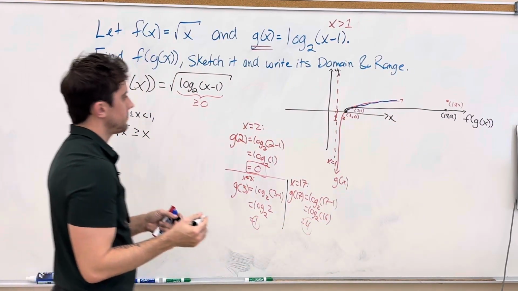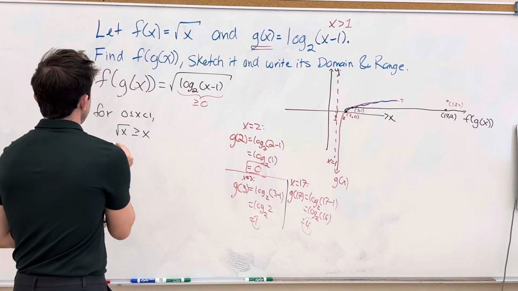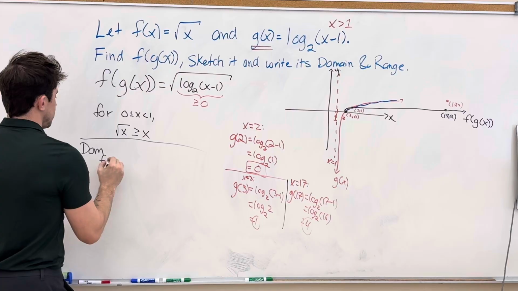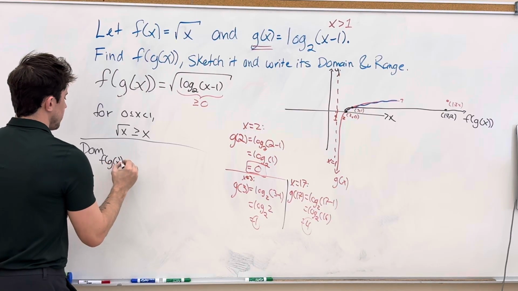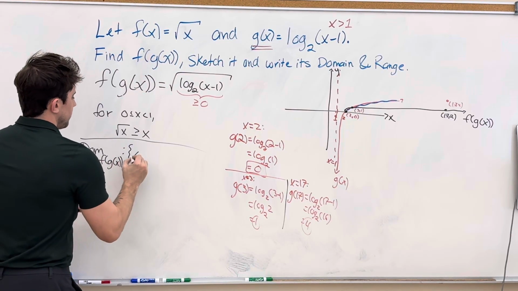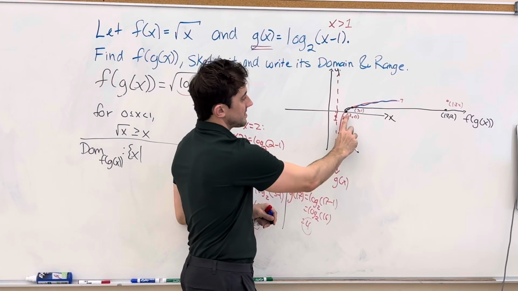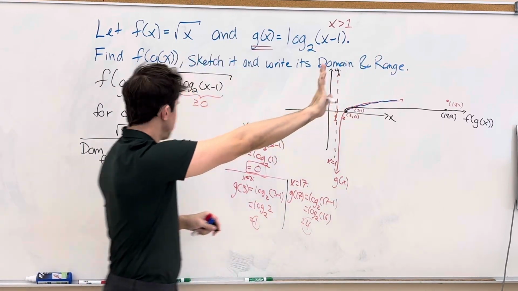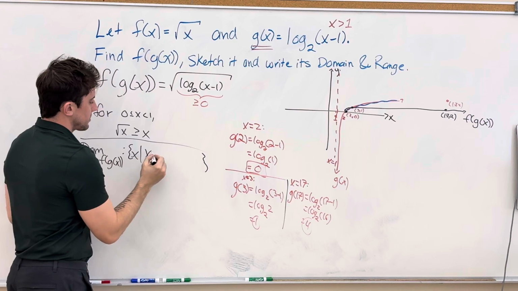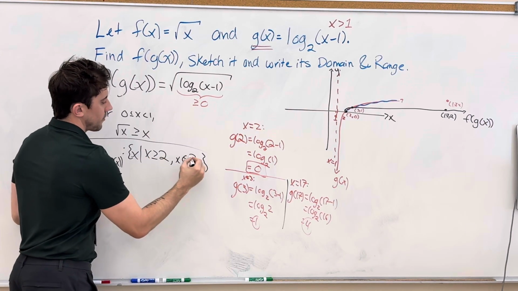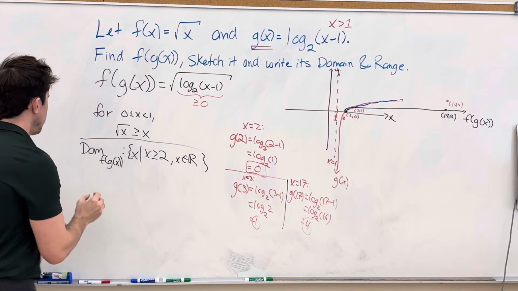And so to write its domain and range, the domain of this composite function f of g of x is going to be the set of x values. It's defined for when x is equal to 2 onwards, right? So we can say x greater than or equal to 2 for any real values of x.